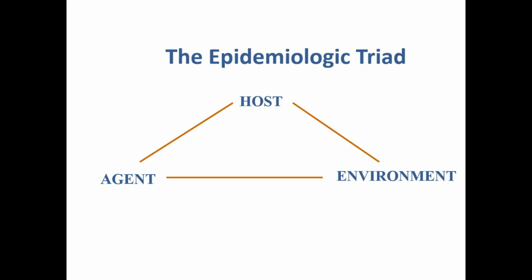This goes back to the host, the environment, for example swamps, an agent, malaria, a vector, and a host, that's people. We don't think about this so much nowadays with chronic diseases. I'm a chronic disease epidemiologist, so I don't think about this very much at all, but infectious disease epidemiology talks a little more about this epidemiologic triad.